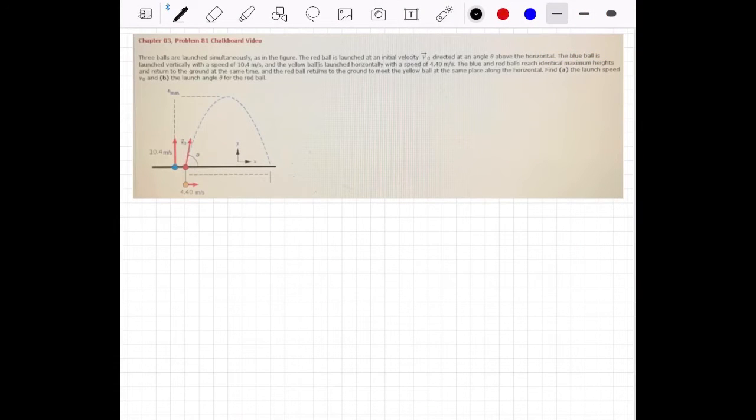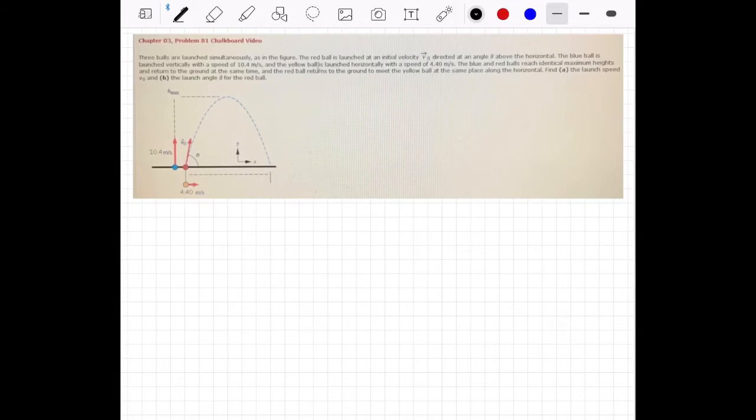The question goes, 3 balls are launched simultaneously as in the figure. The red ball is launched at an initial velocity directed at an angle theta above the horizontal. The blue ball is launched vertically with a speed of 10.4 meters per second, and the yellow ball is launched horizontally with a speed of 4.40 meters per second.